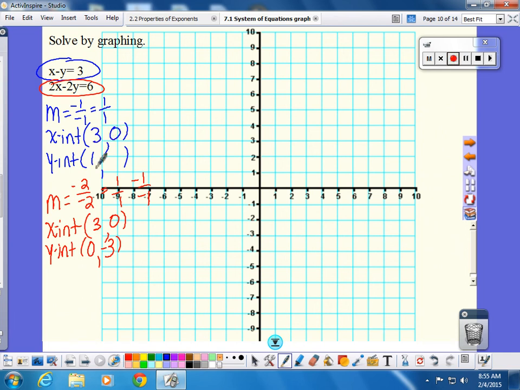C over A is 3 and C over B is -3. Still think it's parallel? Everything's the same. So it's on top of each other? Yeah, this is the same line twice. So I have an x-intercept of 3, a y-intercept of -3, a +1 slope.